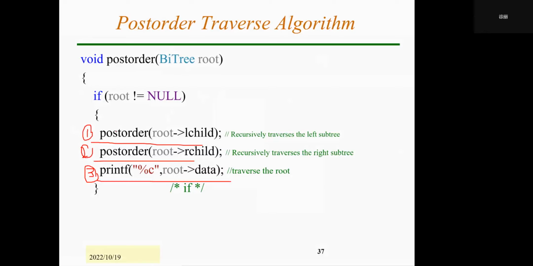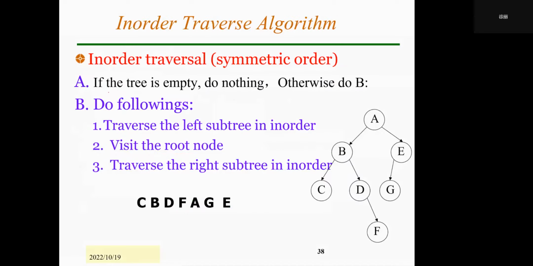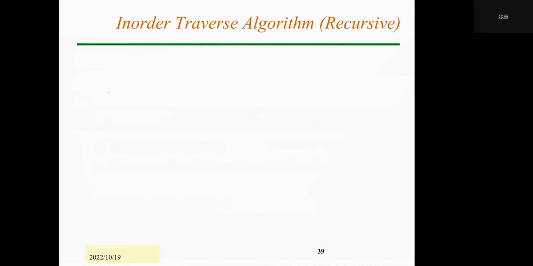Okay, let's take, for example, how can we write the non-recursive version? This is the in-order recursive.